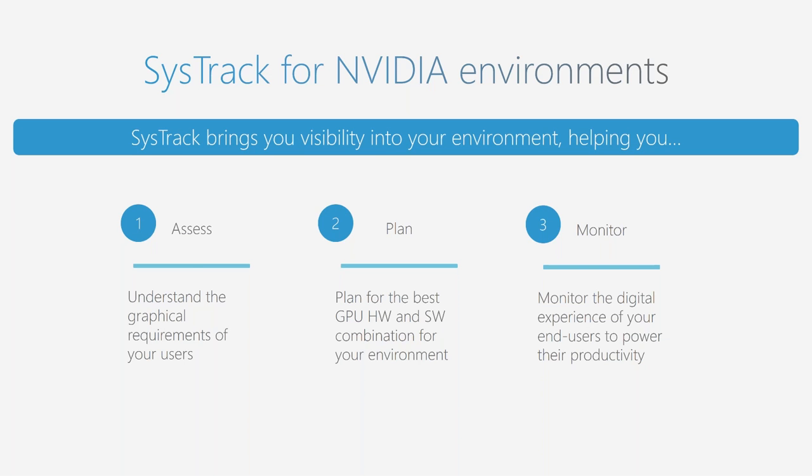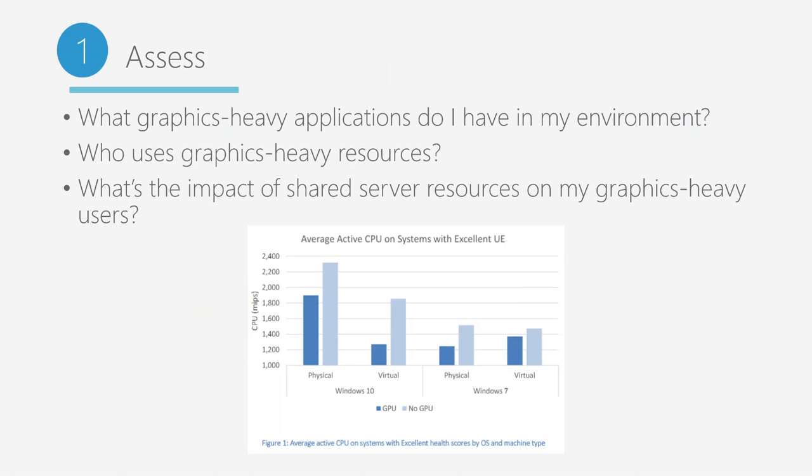So to walk you through the next three steps, I think it would be better to take an example. Let's assume you're looking to move everyone to Windows 10 and you have a virtualized environment. The first step is assessing your environment with that real endpoint data, endpoint performance, endpoint usage, or usage of IT resources. For this step, it's important to consider that graphics-heavy users are not just designers and gamers anymore, and we've touched on this so far.